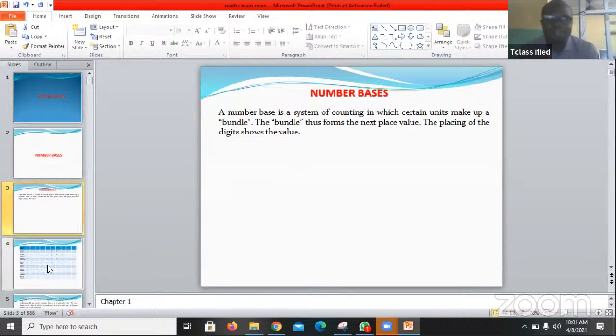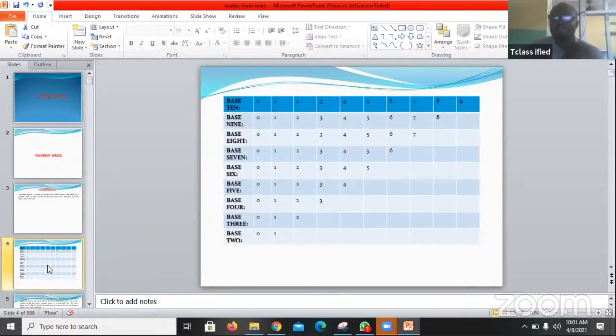So let's take a brighter illustration of what we are saying, okay? If the number system that we're using is base 10, these are the numbers that we are expected to see. You can see this is 0, this is 1, this is 2, this is 3, this is 4, this is 5, this is 6, this is 7, this is 8, this is 9.